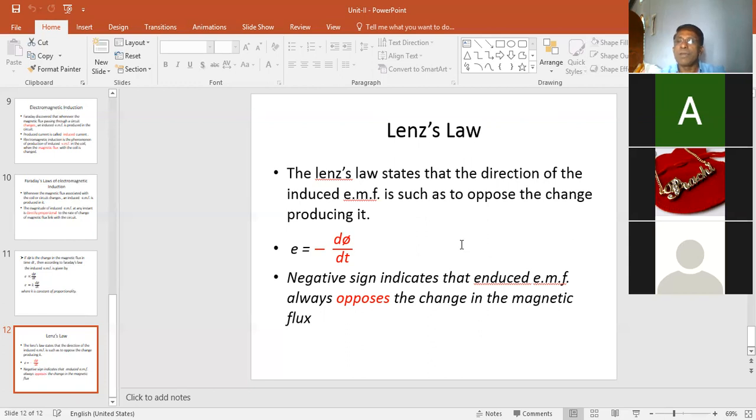First we passed current through the coil, so a magnetic field is created there. And this magnetic field, whenever it changes, means the magnetic lines of force change, so the magnetic flux changes.